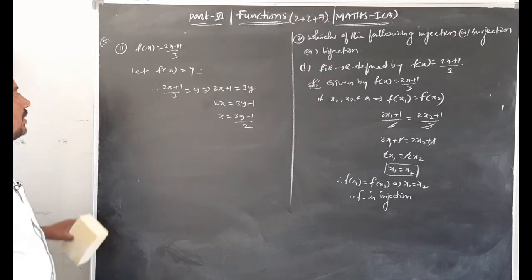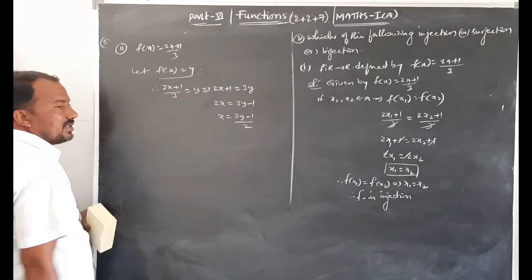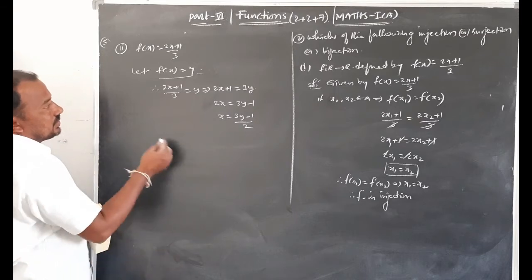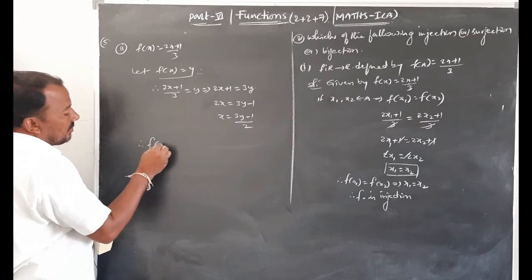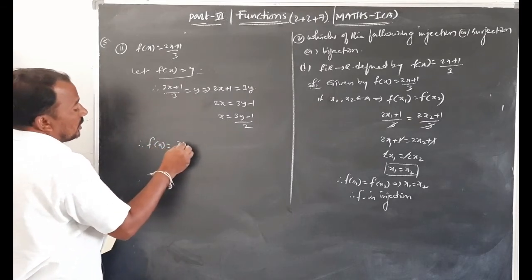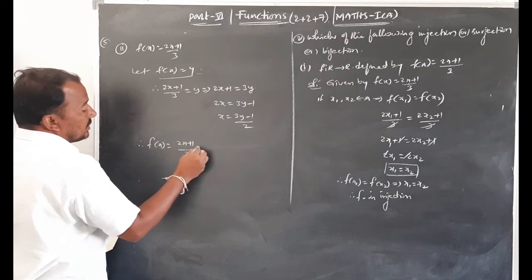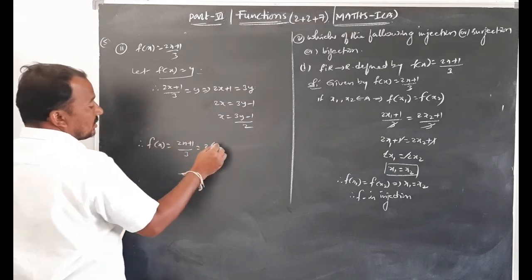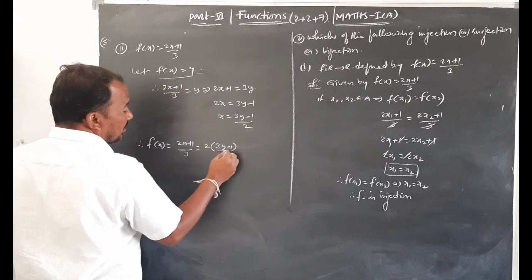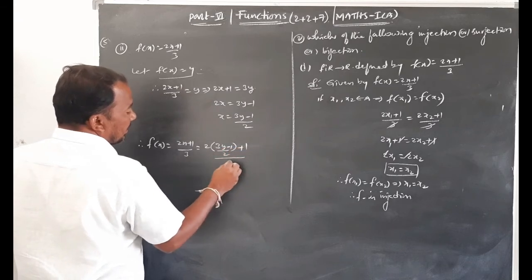Substitute into f of x equals 2x plus 1 by 3: 2 into (3y minus 1) by 2, plus 1, all by 3.